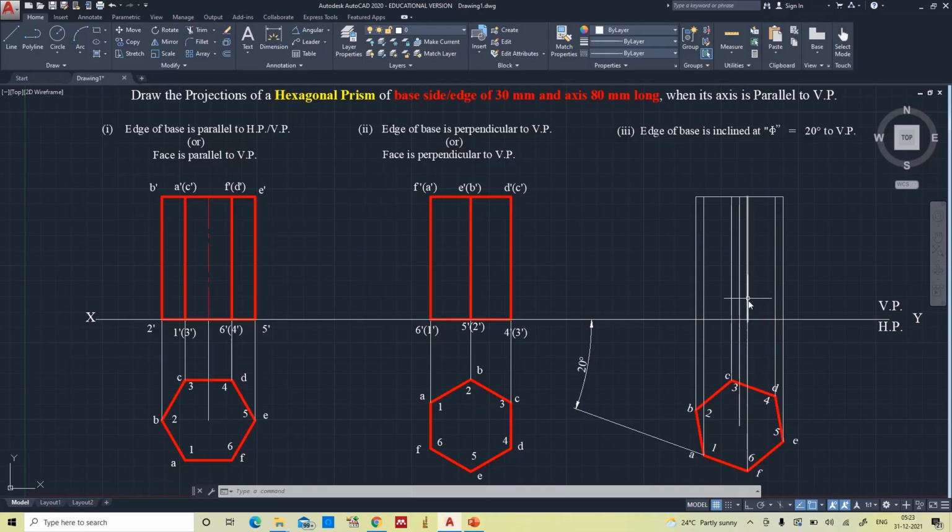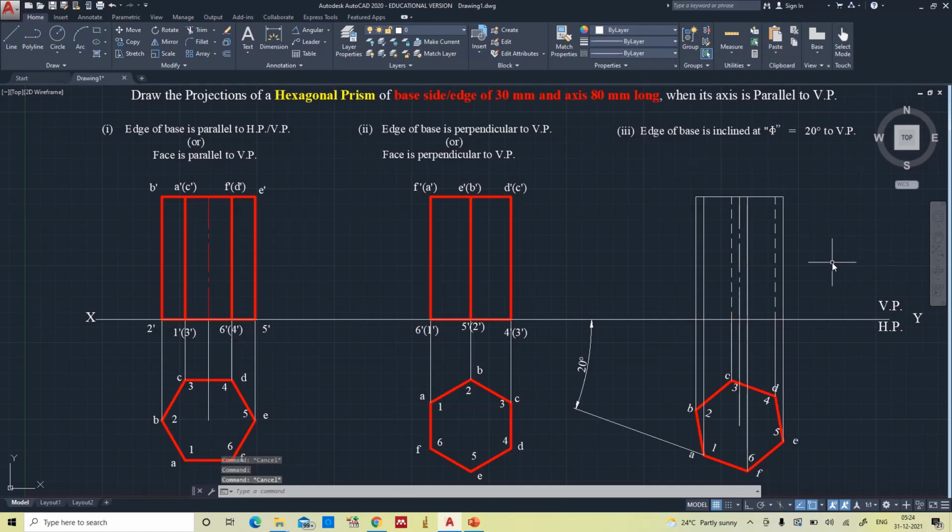So now C3 and D4 will be given as dashed lines. And all the remaining are visible ones, and this belongs to center. Load it and take the center 2.